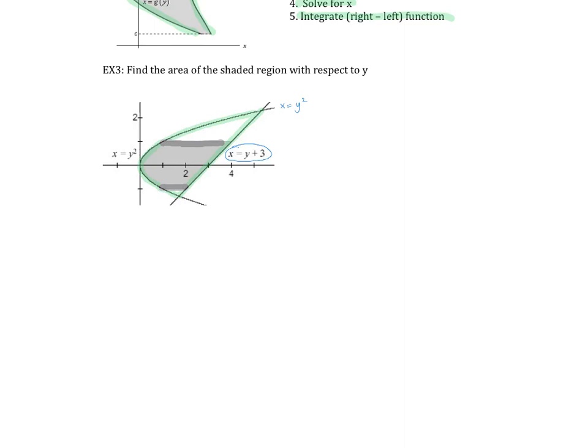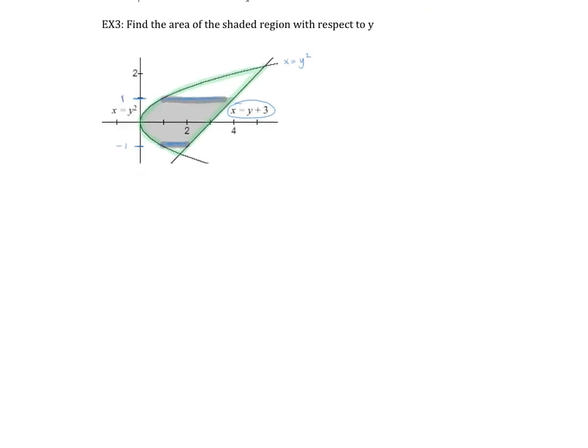And the limits of integration, if we're going to integrate with respect to y, on that shaded region, would be this y value here, which is -1, and this upper y value here, which is +1. Our integral is going to be from -1 to 1.